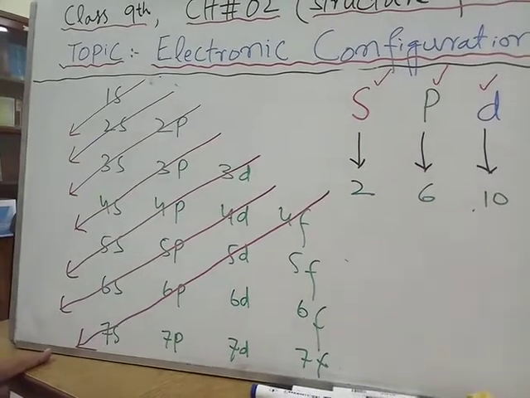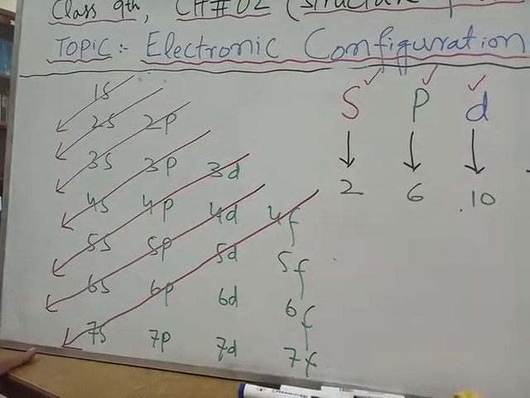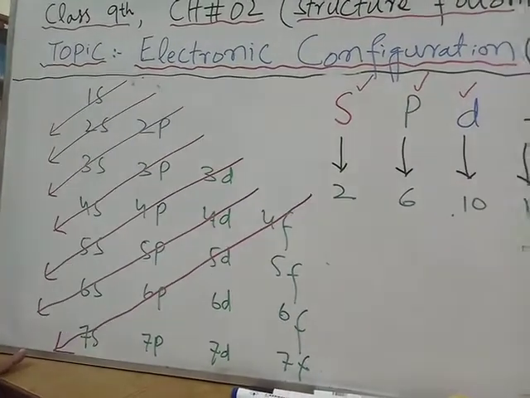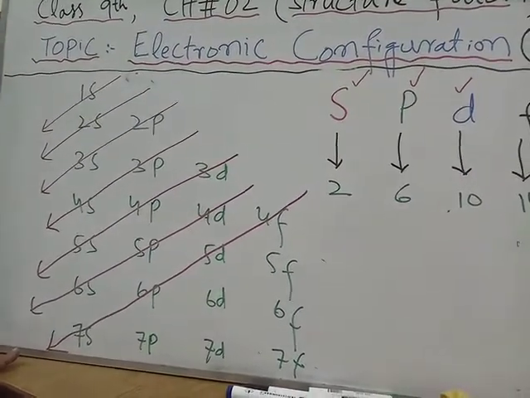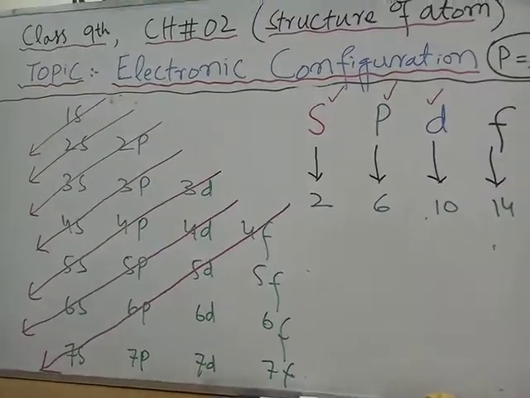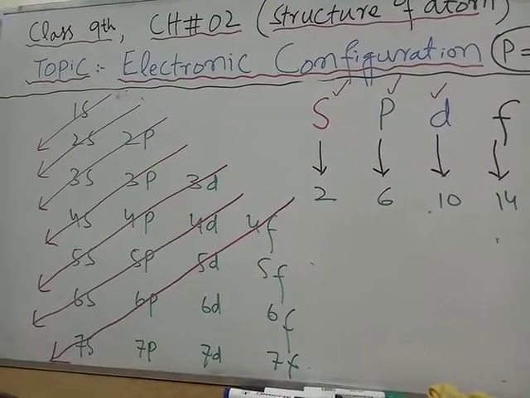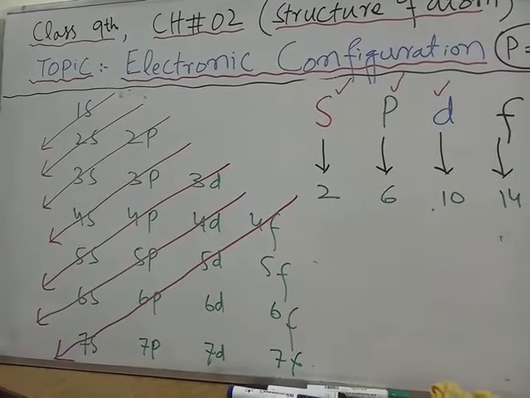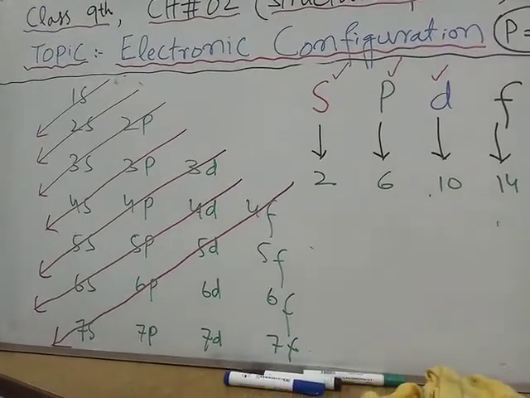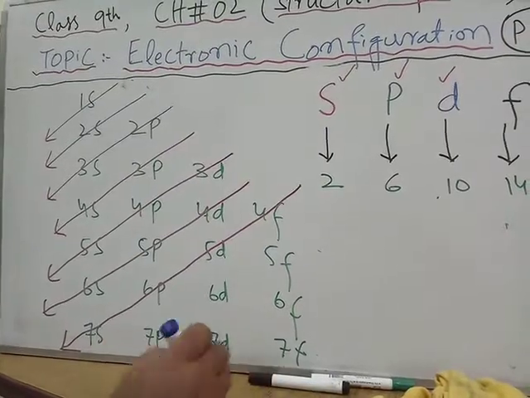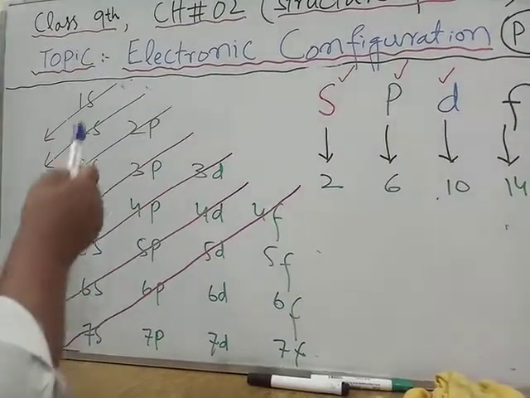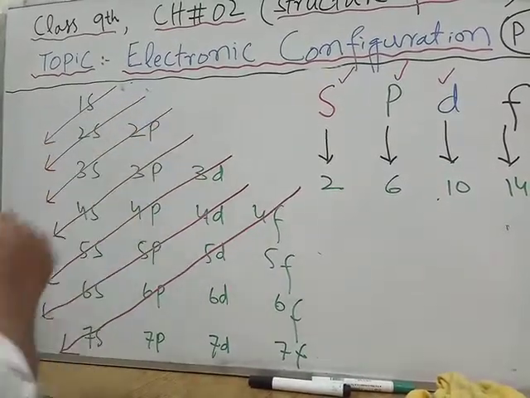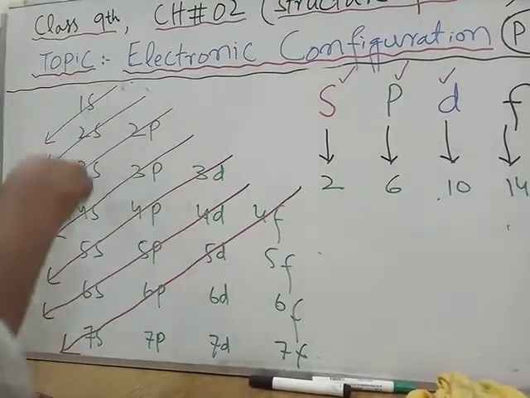If you can draw this structure, you will be able to write the electronic configuration of any element. But remember how to proceed with this diagram. Always come from the head of one arrow to the tail of the next. Never come like this.